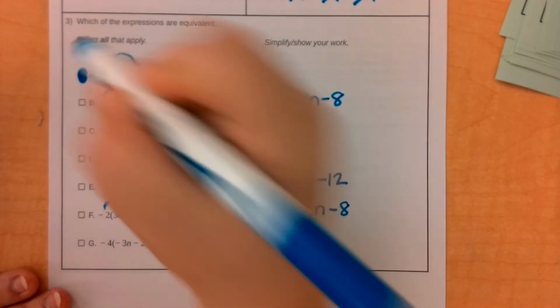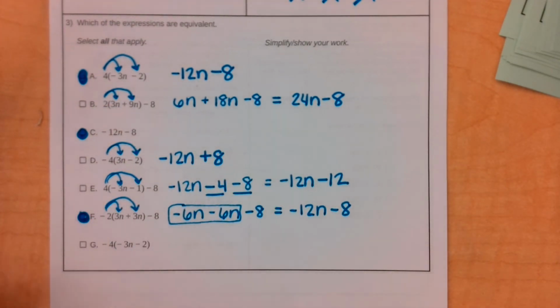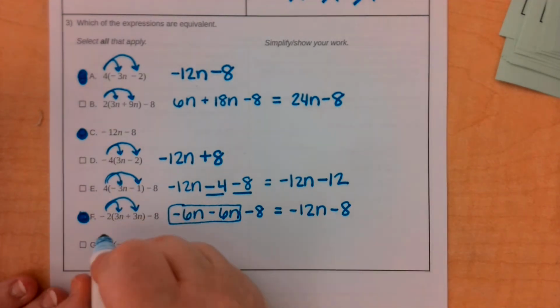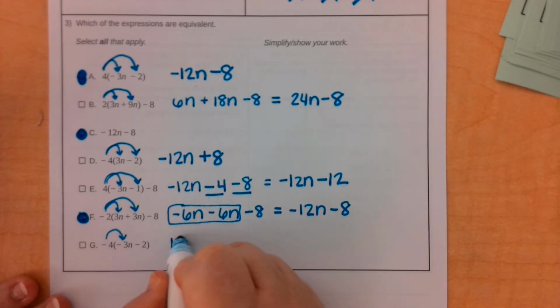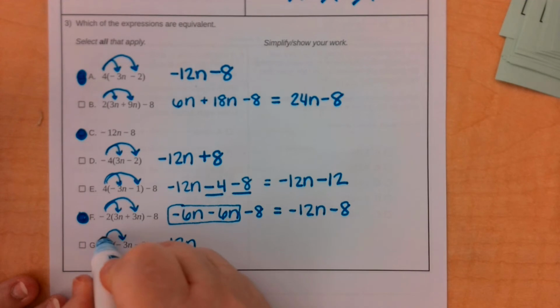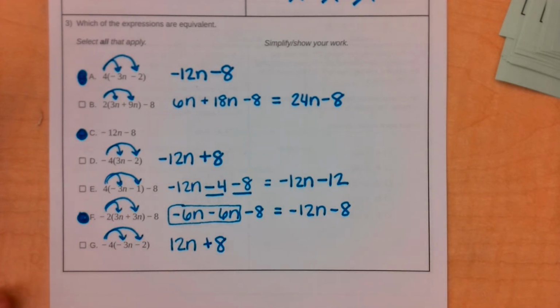So far A, C, and F all match. Let's see if G will work. Negative 4 times negative 3n is positive 12n. Negative 4 times negative 2 is positive 8. That one does not match. So our answers are A, C, and F.